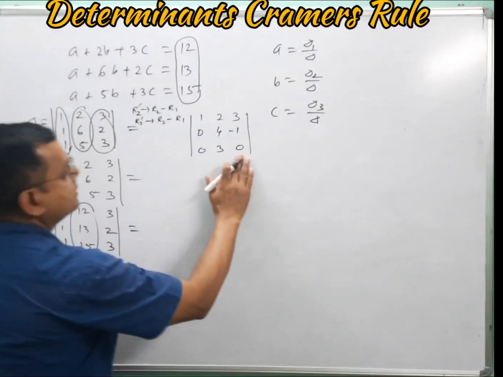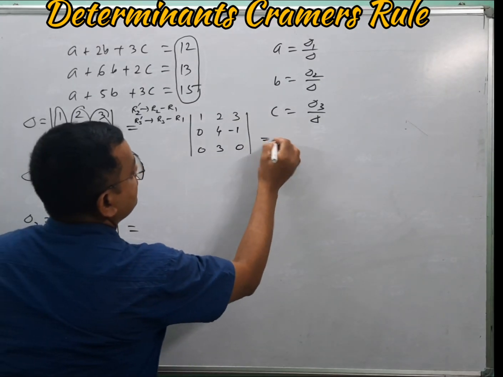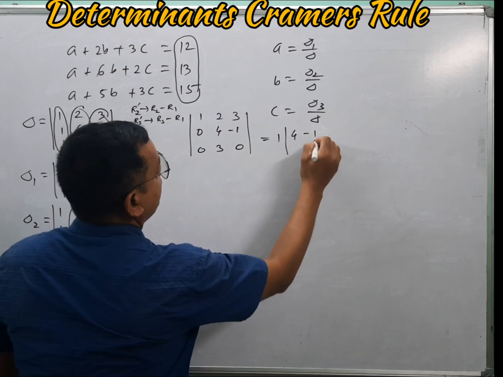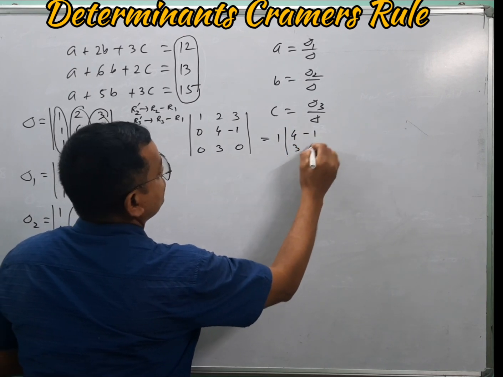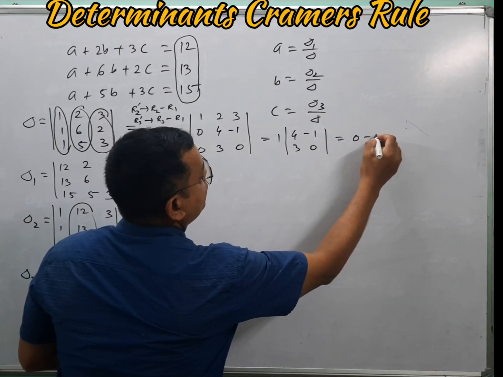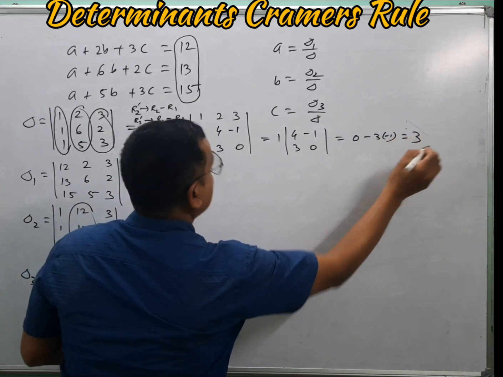Okay, and similarly you will get here these values. Leaving this, 4 minus 1, 3, 0. That means you are getting 0 minus of 3 into minus 1 equals 3.